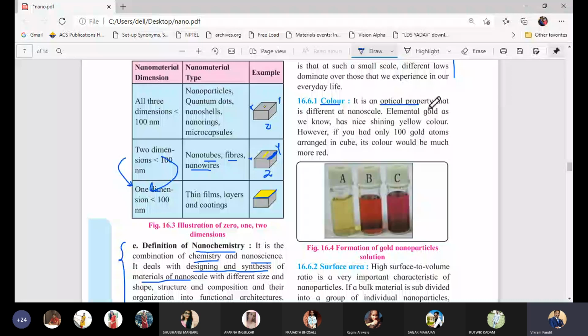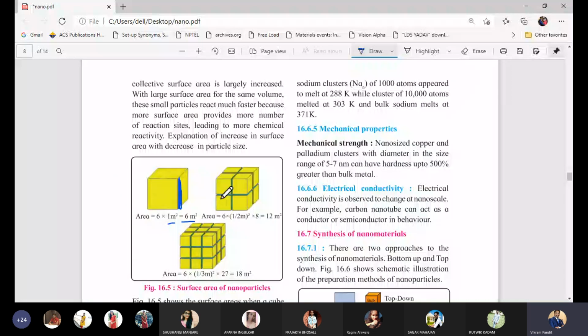So that's why we have taken it as 1 meter square. So total will come to 6 meter square. When we break this cube into two along these lines, then this one length is there, we halve that length, and we have to multiply by the number of atoms which are there. Now when we do it, 6 into 1 by 2 meter square, we have to multiply with this atom.